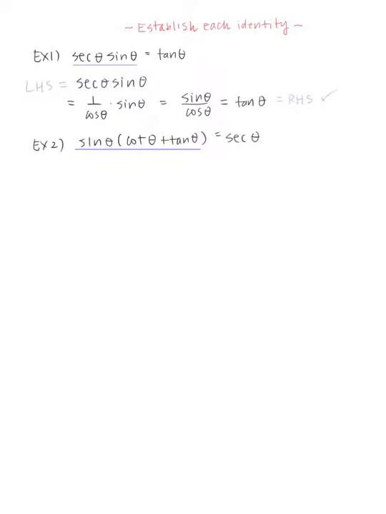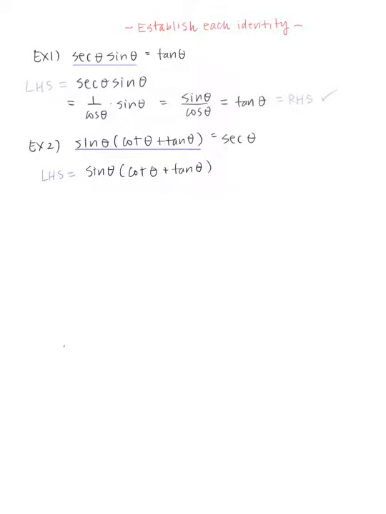Okay, so let's start. Left hand side equals, let me just copy and paste the problem. Okay, so what should we do? There are many ways that you can prove this, but you're going to have to show every single step.